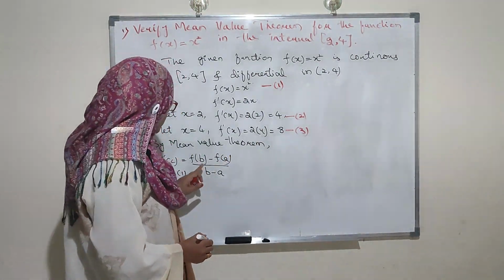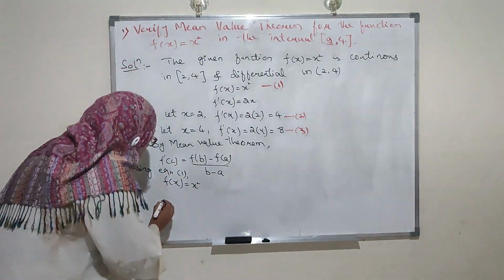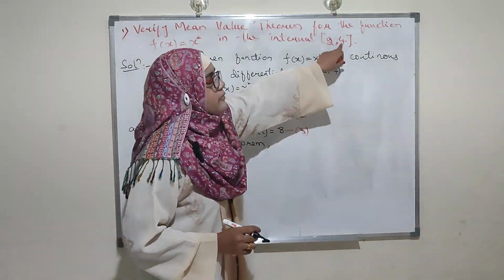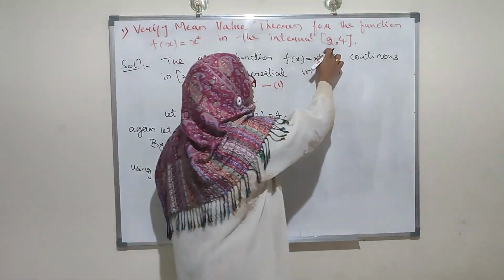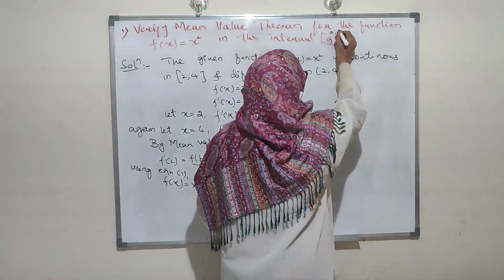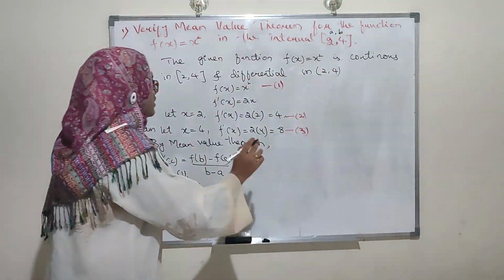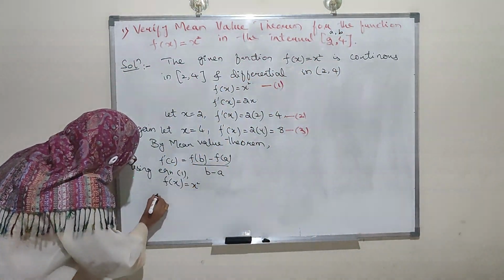Now substitute and find f of b. What is b here? The interval is a comma b, which is 2 comma 4, so b is 4.